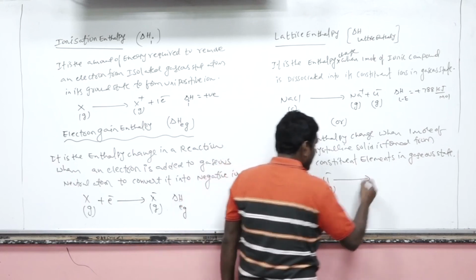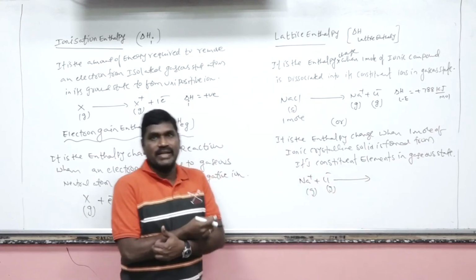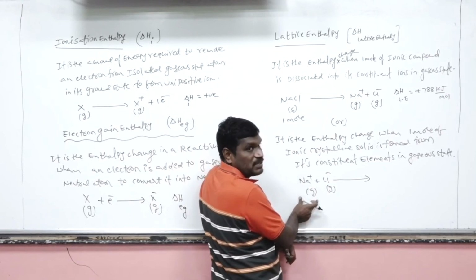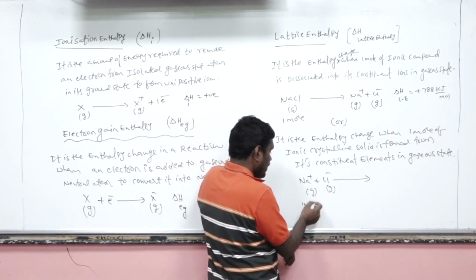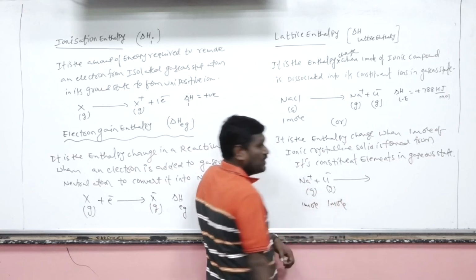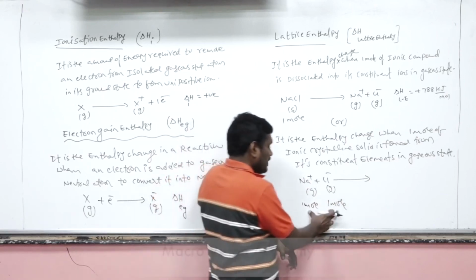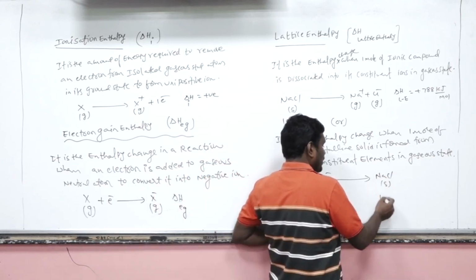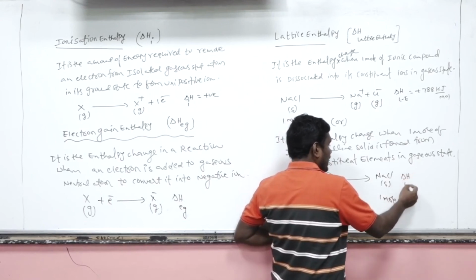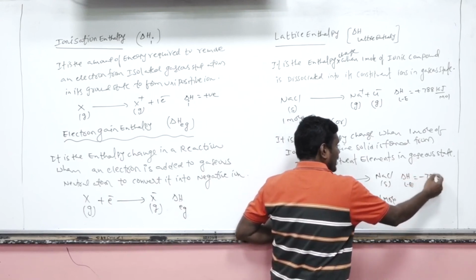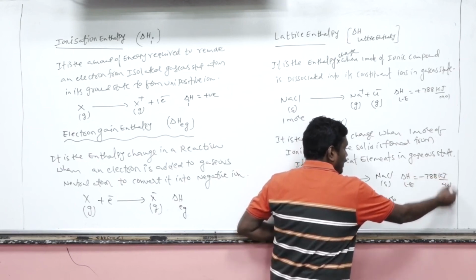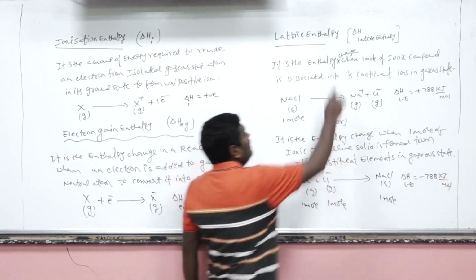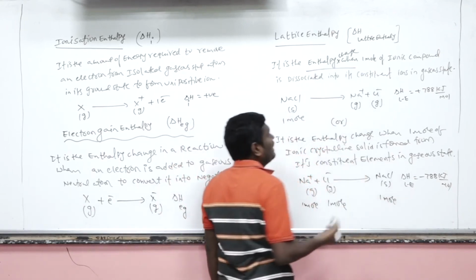When they are mutually combined, oppositely charged ions attract each other. Let us suppose 1 mole, that is Avogadro number of Na positive ions, 6.022 into 10 raised to 23, and 1 mole of chloride ions, 6.022 into 10 raised to 23, are mutually combined, then you will get 1 mole of ionic crystal. Here the enthalpy change is lattice enthalpy, which is minus 788. Remember, lattice enthalpy may be exothermic or endothermic. It is an enthalpy change, depending upon the situation.